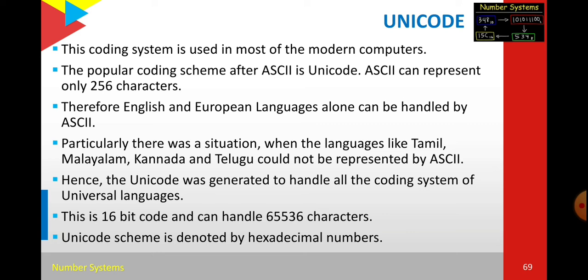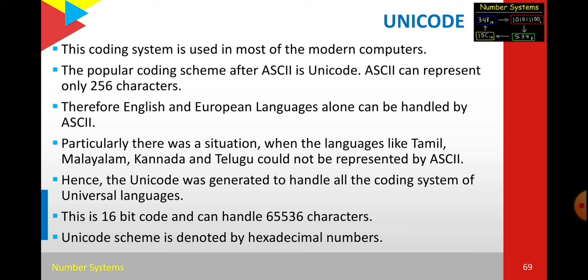ASCII can represent only 256 characters, and ASCII is used only for English and European languages. Particularly, there was a situation when languages like Tamil, Malayalam, Kannada and Telugu could not be represented by ASCII. Why are they not represented by ASCII?